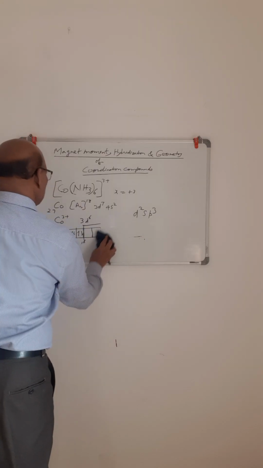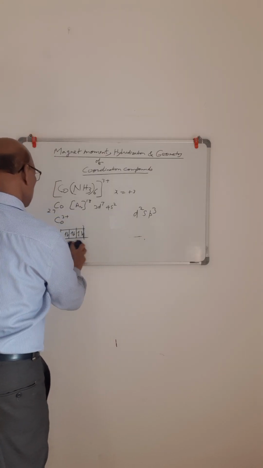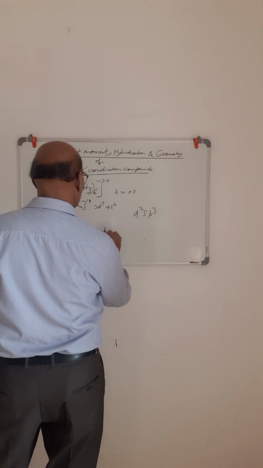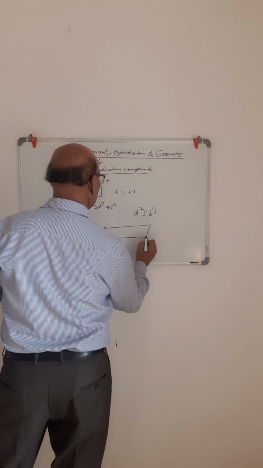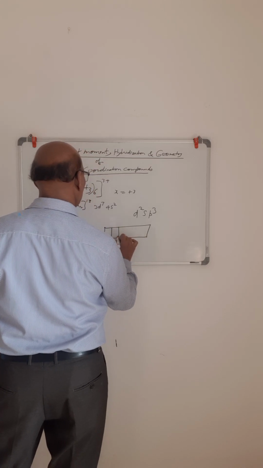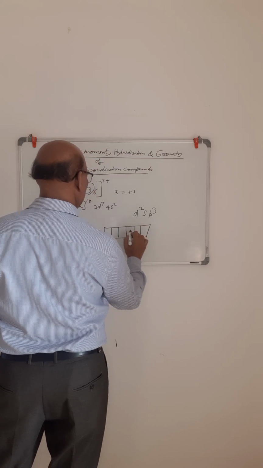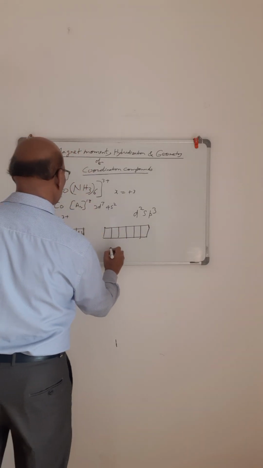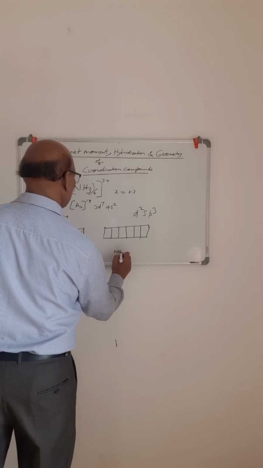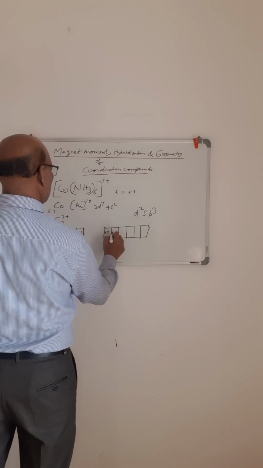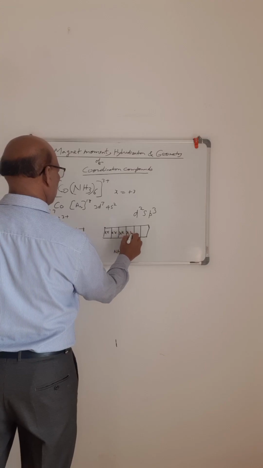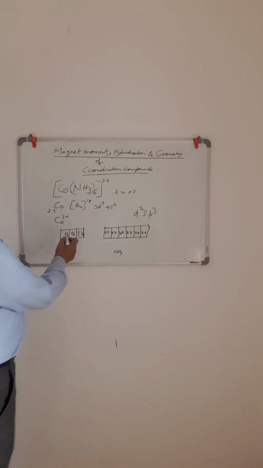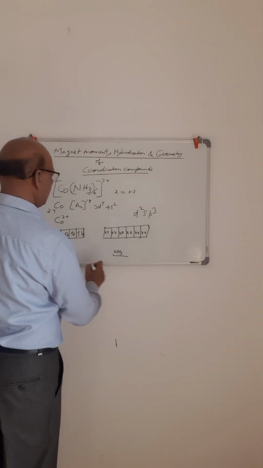So there will be 6 hybrid orbitals of d2sp3, 1, 2, 3, 4, 5, 6. Okay, and there are 6 ligands of ammonia. Each ammonia will donate 1 electron pair to each of these empty hybrid orbitals, that is d2sp3, and we see that no electron is available which is unpaired.